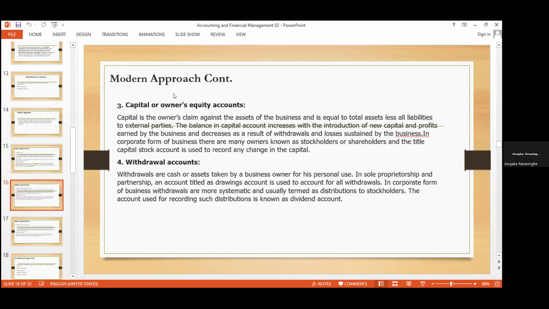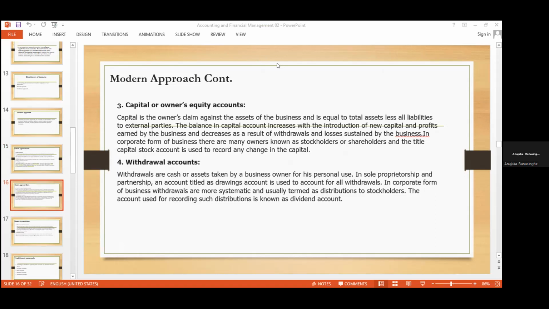Capital and owners equity accounts. Capital is the invested money from the parties for our organization.